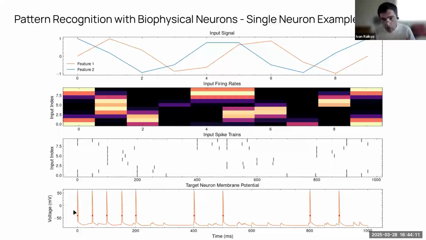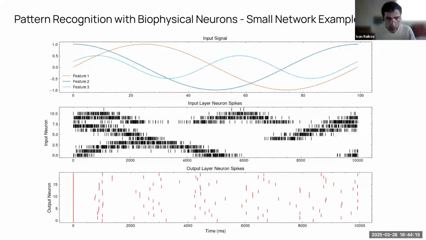So this infrastructure, of course, can scale to networks. Here is a slightly more complicated example with a 3-dimensional signal. In the middle are the spike trains generated that represent the input signal, and then the response of the network. Here the network consists just of excitatory neurons, so we haven't added any complexity to the circuit.